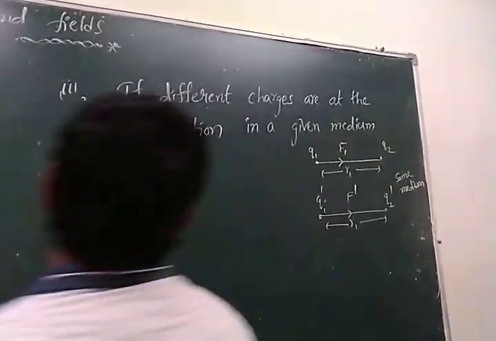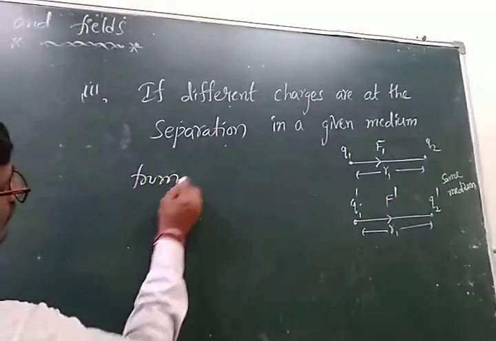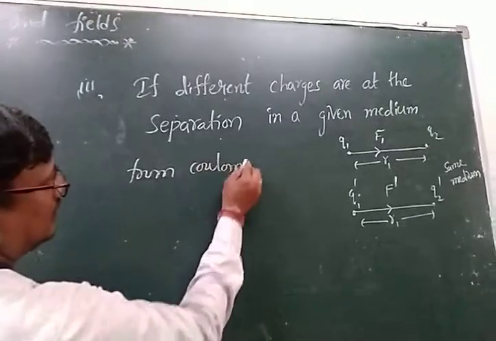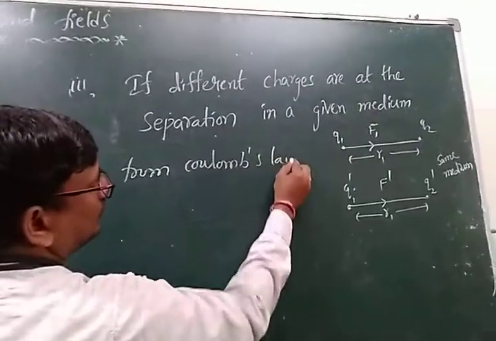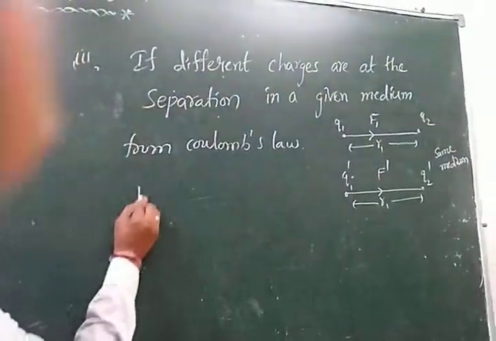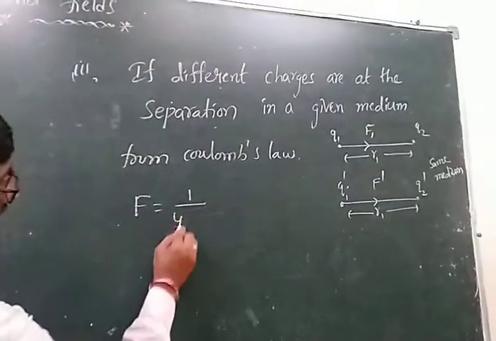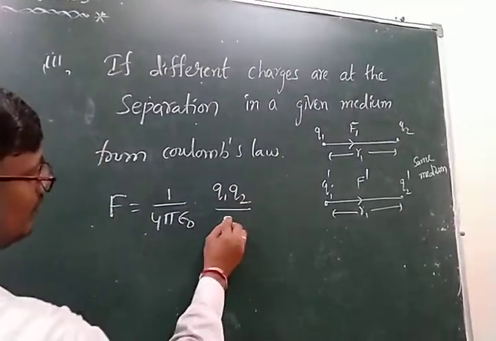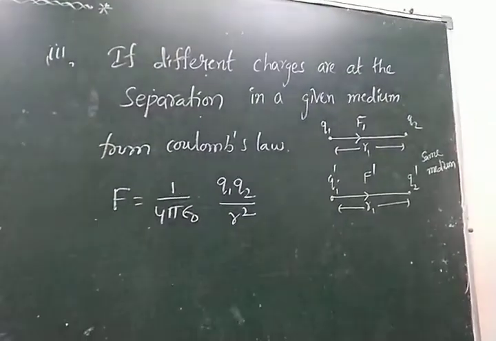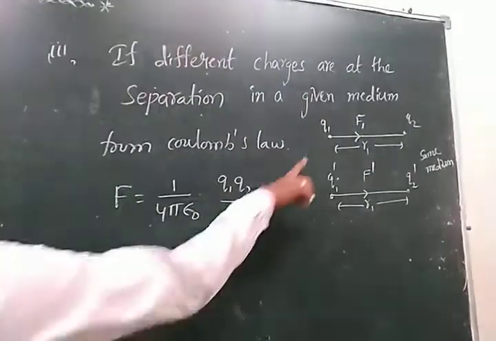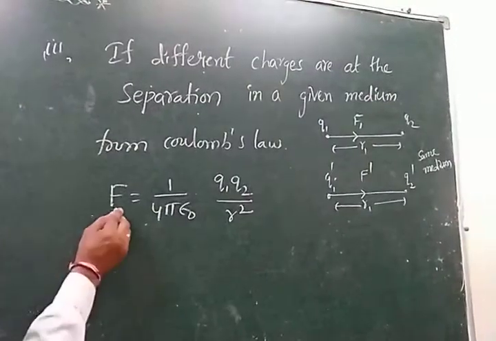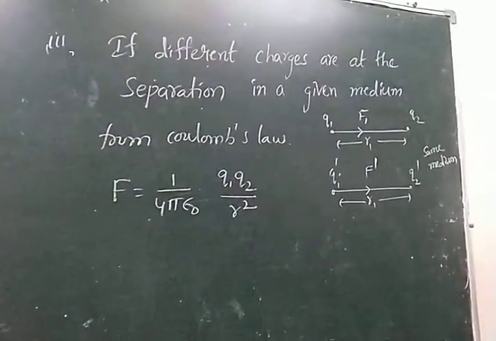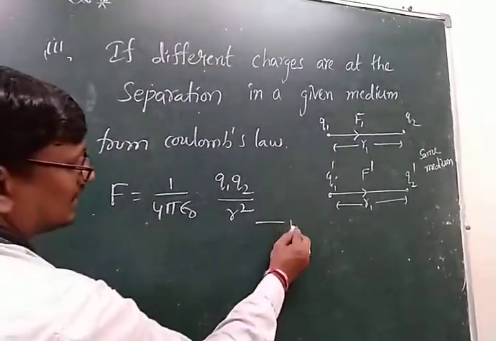Again from Coulomb's law, what is the formula? F is equal to 1 by 4 pi epsilon naught Q1 Q2 by R square. This is considered equation number 1.